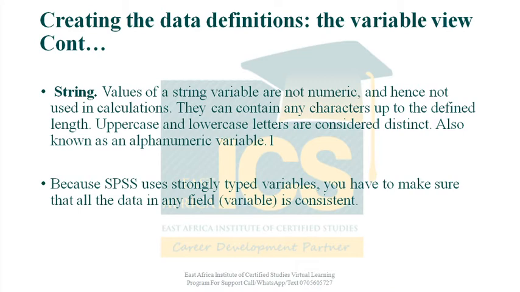The uppercase and lowercase are considered distinct, also known as the alphanumeric variable. So alphanumeric from the two words alphabets and numeric, numbers. So it can contain both for the string, but it cannot be used in calculations.